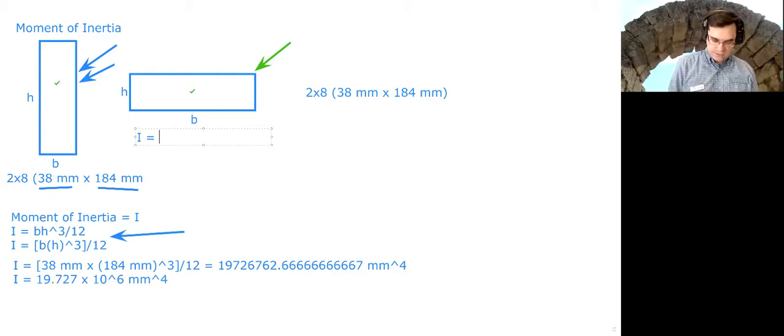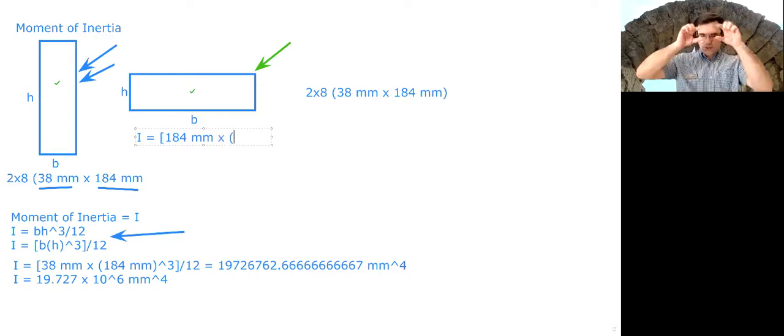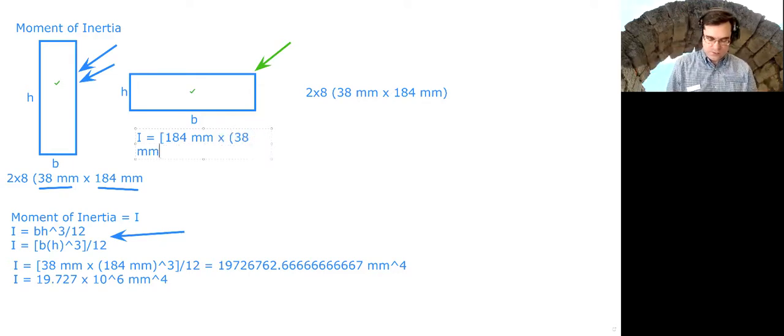So it is 184 millimeters. The height is now that short direction, which is 38 millimeters. So that's going to be cubed. And then all of that gets divided by 12, just like this. Okay? Because it's on its side.